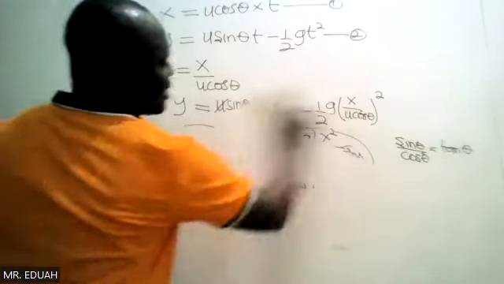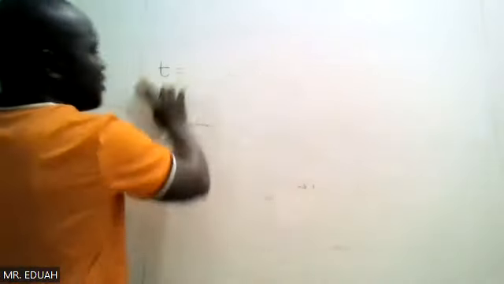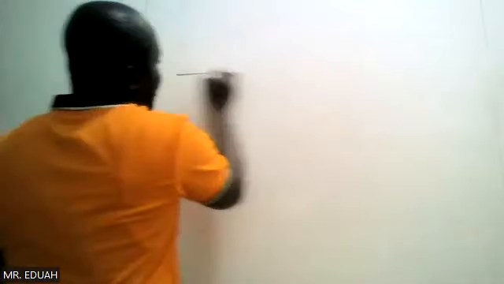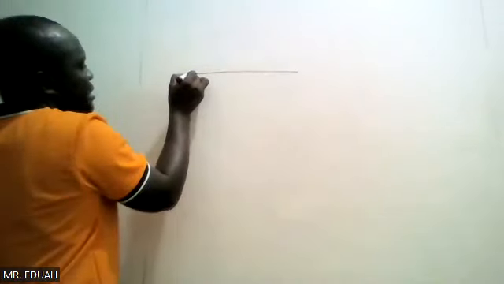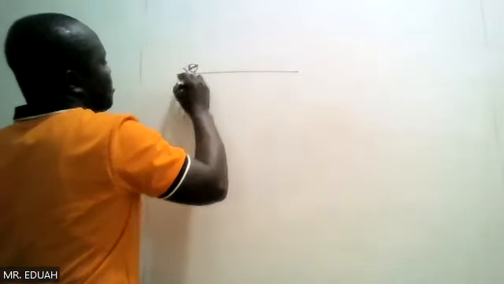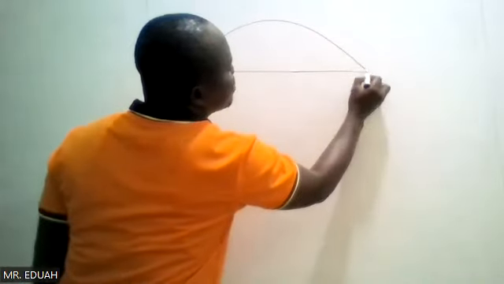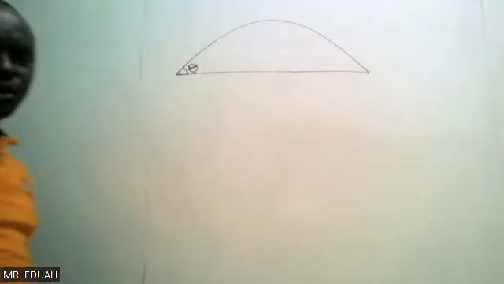The key is, you don't actually need formulas, but you have to understand how to get them. When you understand how to get them, you can easily recall. A projectile is a two-dimensional projectile motion. As for the formulas, you can't learn them by rote.